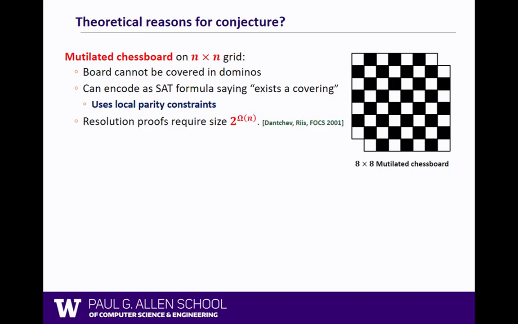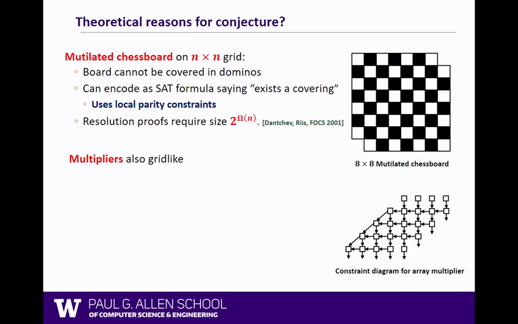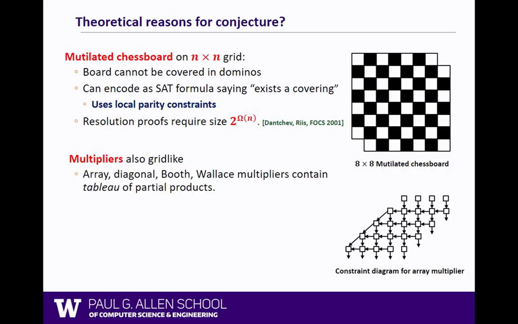However, to prove that fact in terms of resolution, these proofs require exponential size. And these multipliers seem to have similarly grid-like features to the mutilated chessboard problem. So most multiplier implementations are going to involve a tableau of partial products, as well as adders that enforce, again, local parity constraints, similarly to the mutilated chessboard problem.